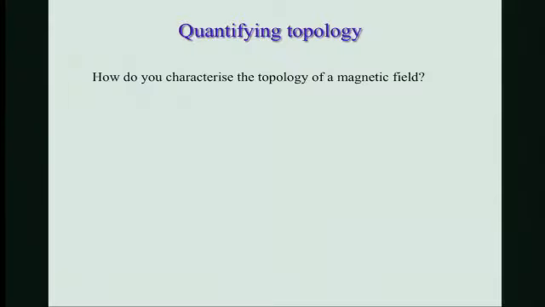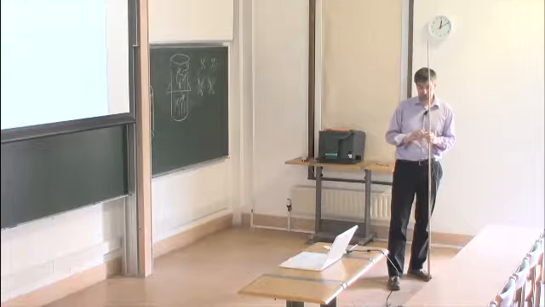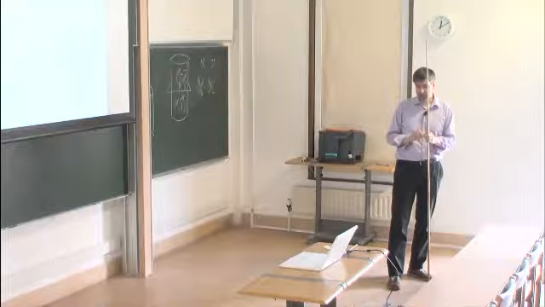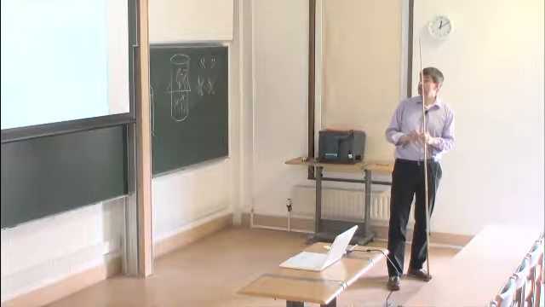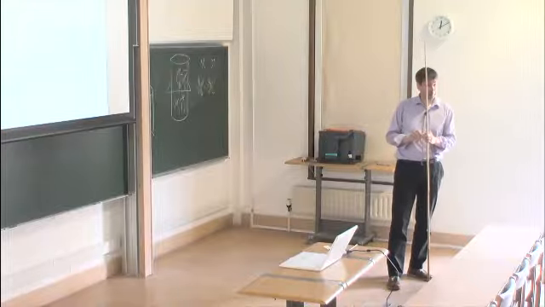So then, if there are other invariants, most likely they are of topological nature. And so the question is, can we find other topological invariants of our magnetic field?